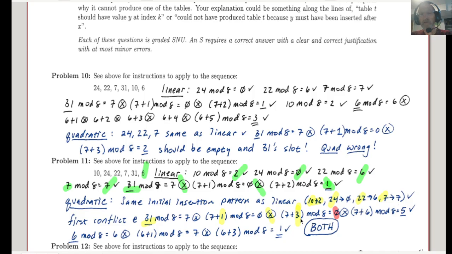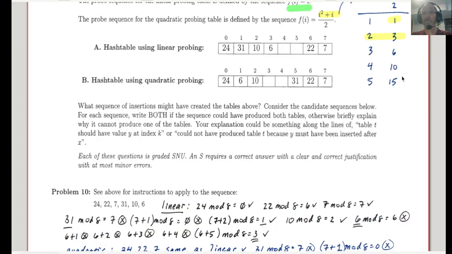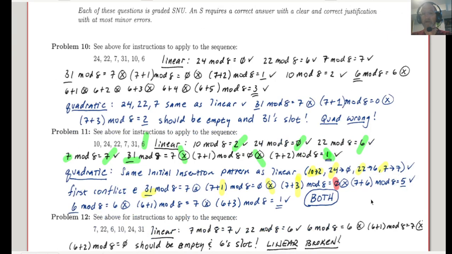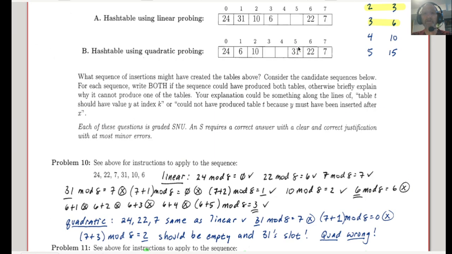After adding 3, we're on the third probe sequence. So we add 6. 7 plus 6 is 13. Mod 8. This one is correct, I'm sure, is 5. And that's where that is available, and that is where the value 31 is going to go. Is that inside the table? Yes, there it is. Happy day.